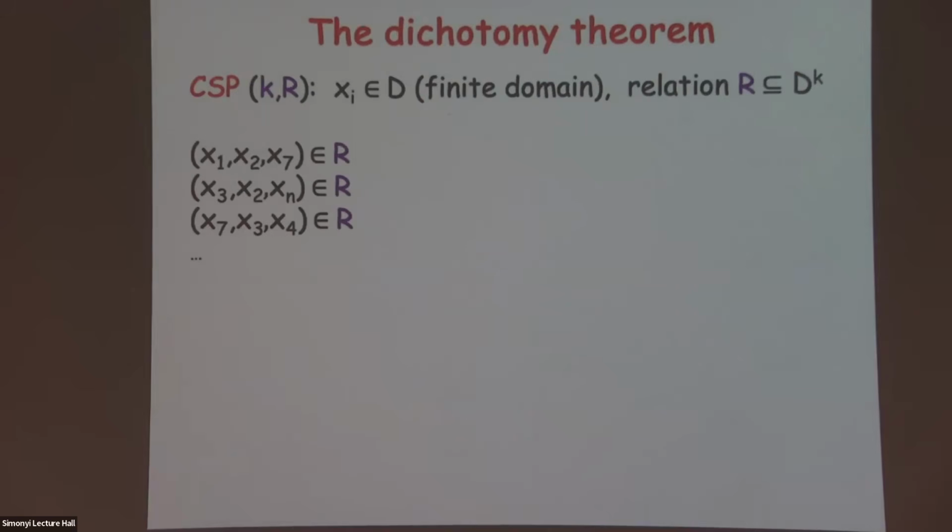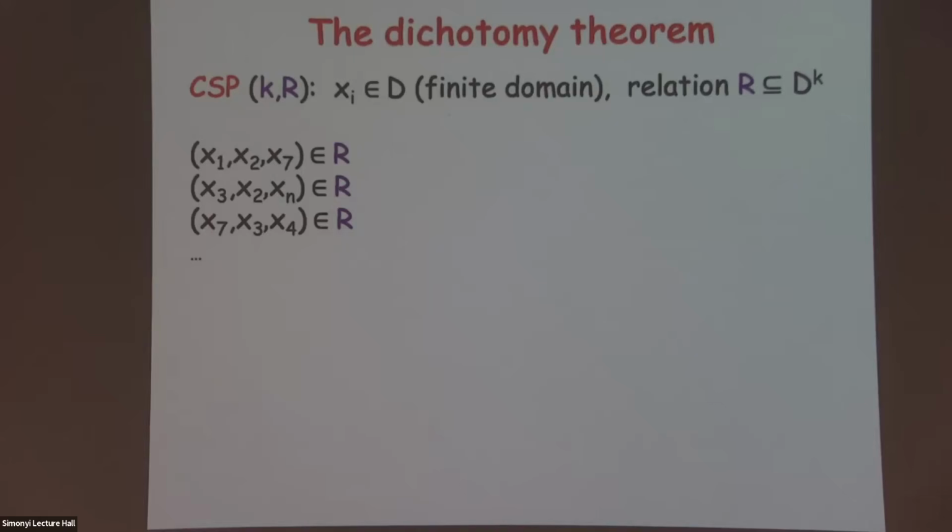So if we generalize this, what is a CSP? It's a problem that is defined by two things, a relation and its arity. A relation on k-tuples, where each variable gets a value from some finite domain D. So a relation is just a subset of D to the k.